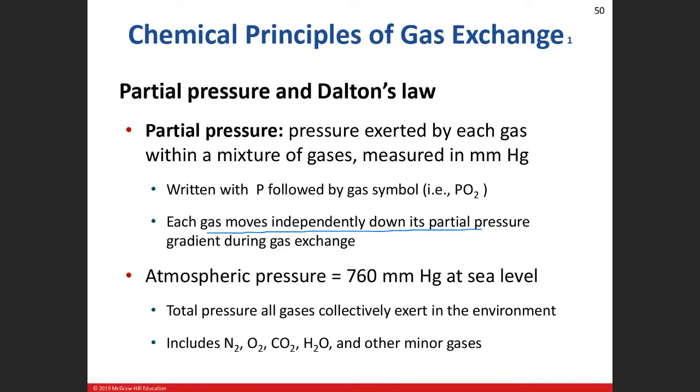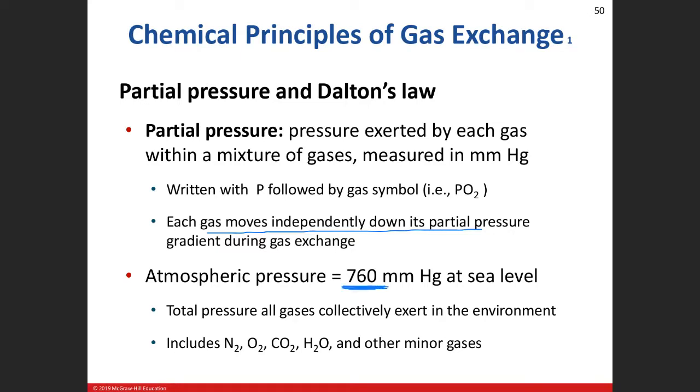Which is good because we're going to see that when we talk about how gases move across the alveoli into the pulmonary capillary, and how gases move from the tissues into the blood. So we're going to discuss all that. Keep in mind, our atmospheric pressure is always going to be 760.